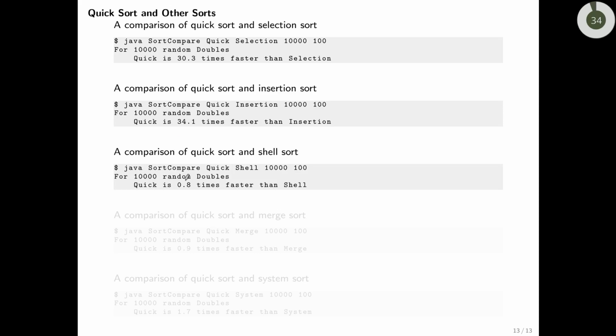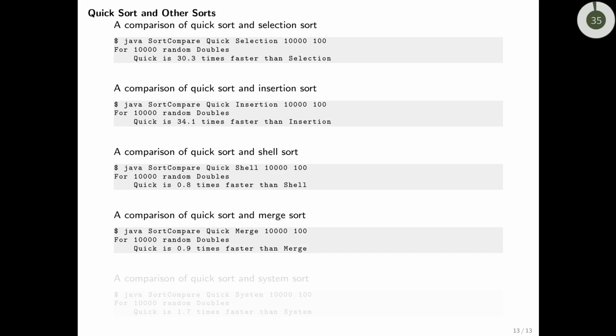Here is a comparison of quicksort and shell sort on an input of 10,000 random doubles. Notice that the performance of the two sorting algorithms is quite comparable. That also makes sense because we know that shell sort is quite efficient. We don't have a mathematical formula for its running time in the average case, but it's in the linearithmic ballpark, and hence the performance of quick and shell are quite comparable.